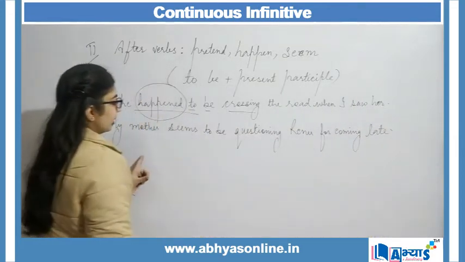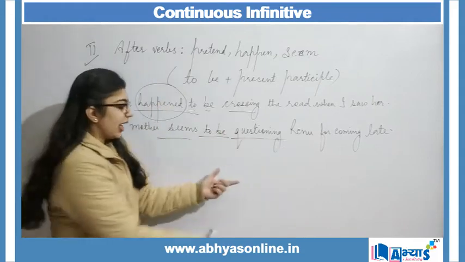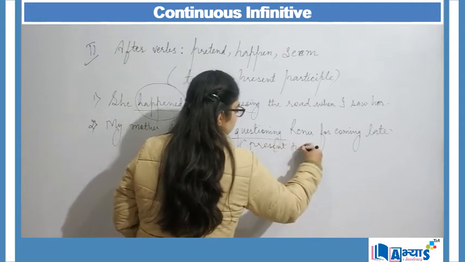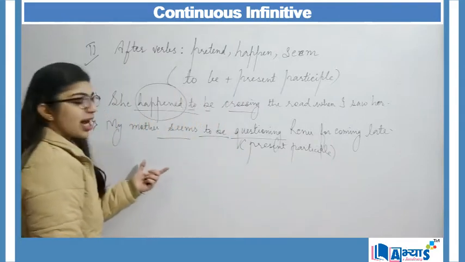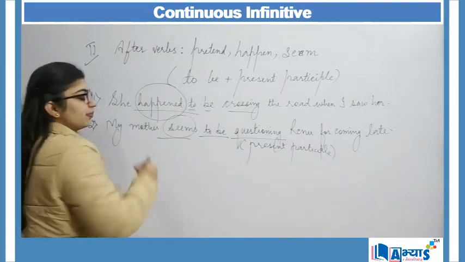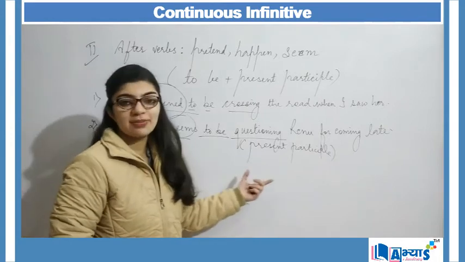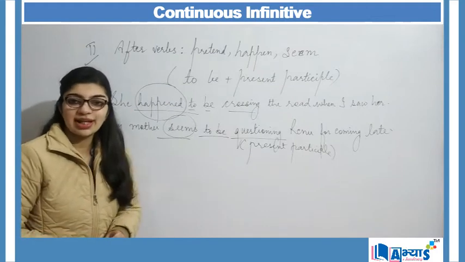So my mother seems to be questioning. Again, this is my present participle. So with my present participle, I have made use of the special verb which is seems, along with which I make use of to be plus my present participle. So these two are the examples of my second application.